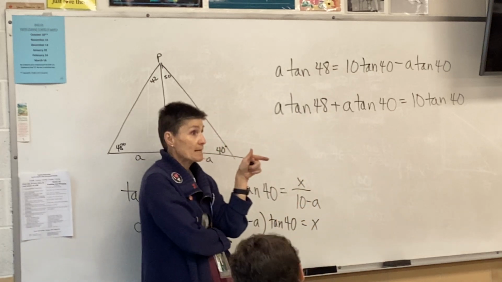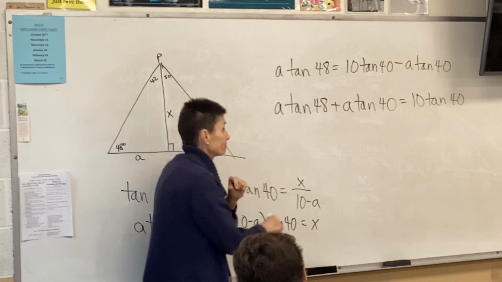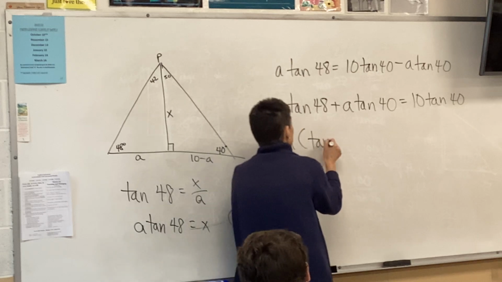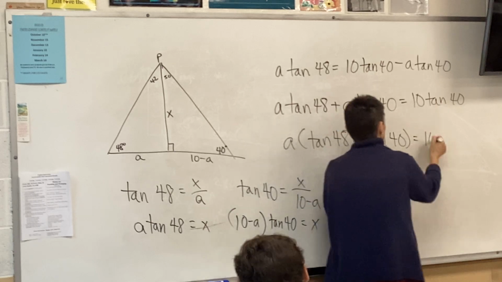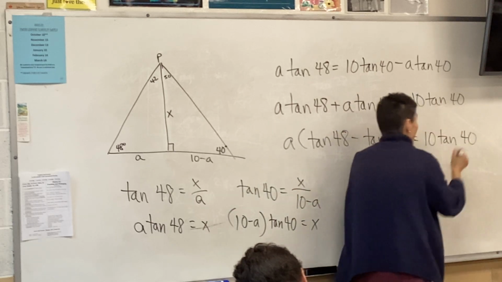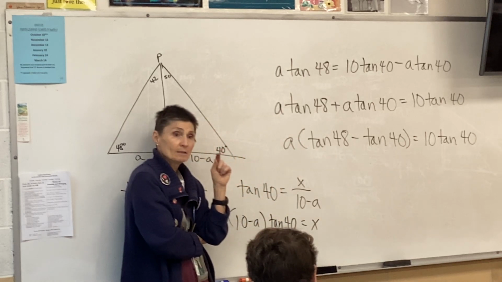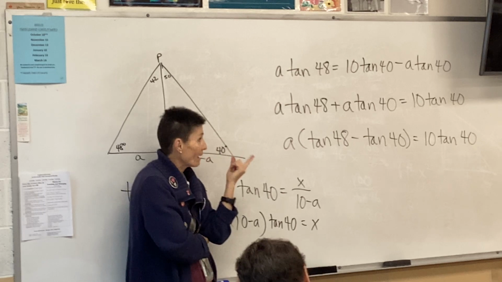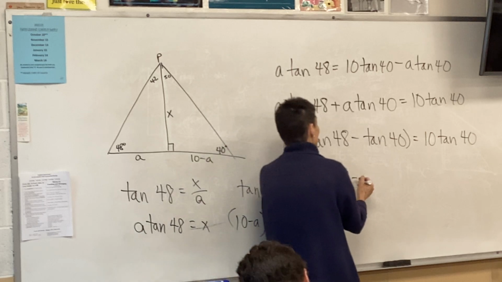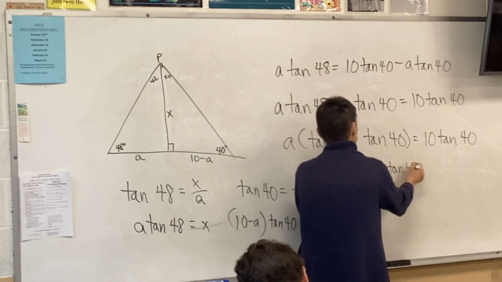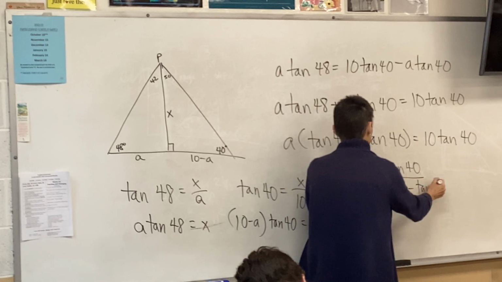Now that the A's are on the same side, I can factor them out. And as soon as I factor out that A, now I only have one A, and I can get it by itself by dividing by the parentheses. So A equals 10 tan 40 over tan 48 plus tan 40.